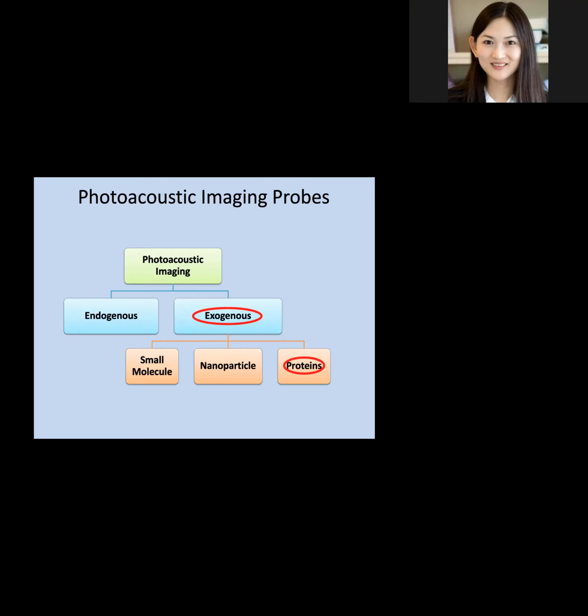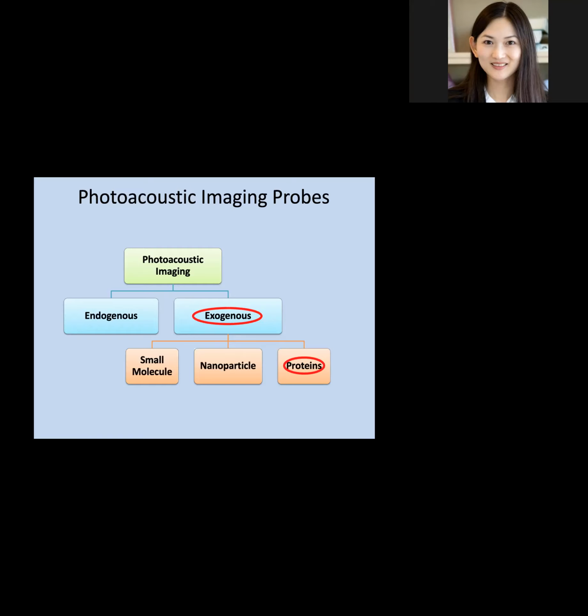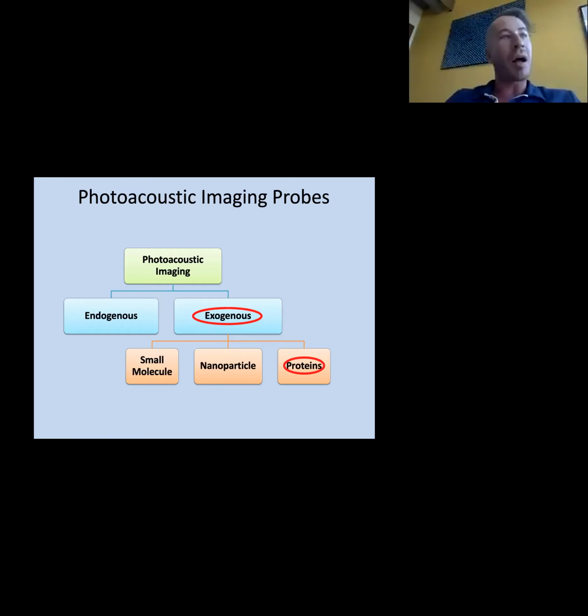And so that's why my lab and many others have made these exogenous agents that can do molecular imaging through a different mechanism. But yeah, the problem is that the hemoglobin concentration is so high that trying to pick out something else can be more difficult unless it has a really distinct absorption peak.